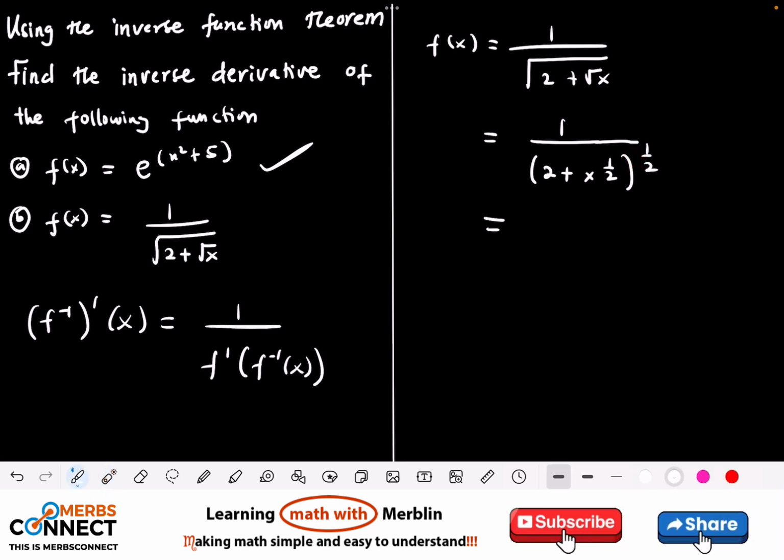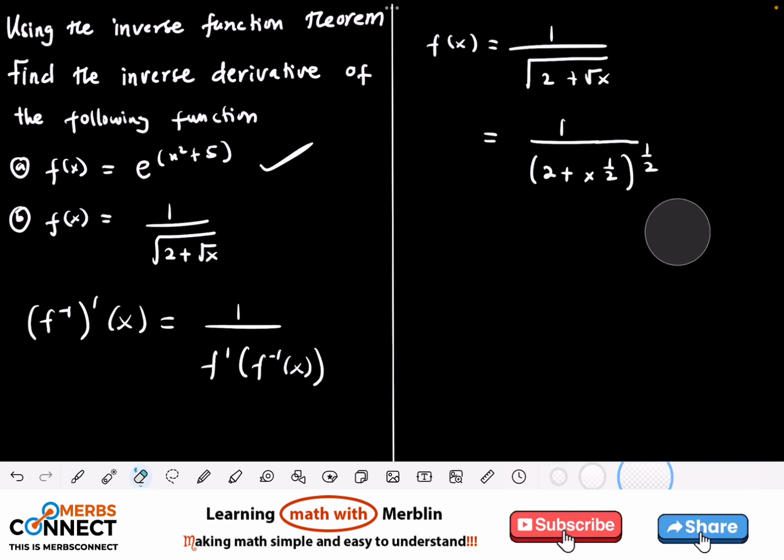So I'm going to have (2 plus root x) to the power negative 1 over 2. Then I take the derivative from there, using the power rule. But I just want to use the quotient rule from here.